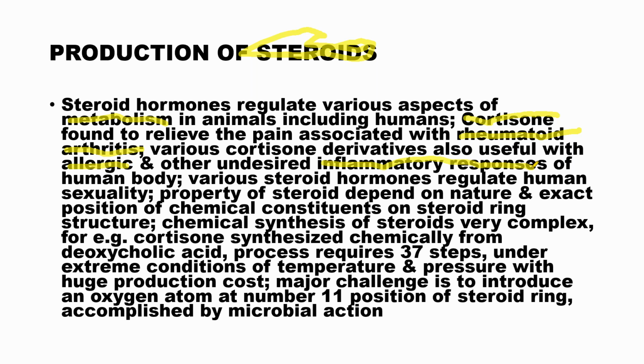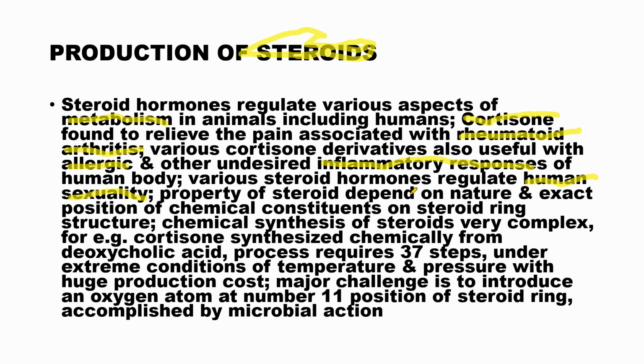Also, some other derivatives of cortisone are effective for treatment of allergic and other inflammatory body issues. Fine. Now, various steroid hormones regulate human sexuality. That is, some of the steroid hormones will also regulate human sexuality.